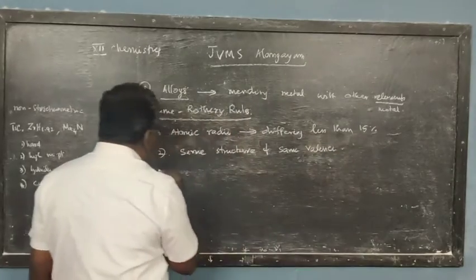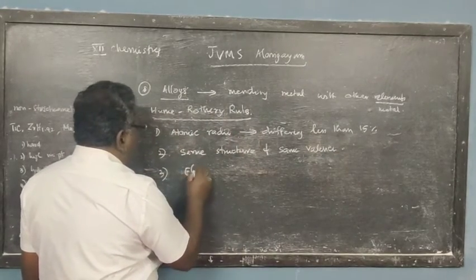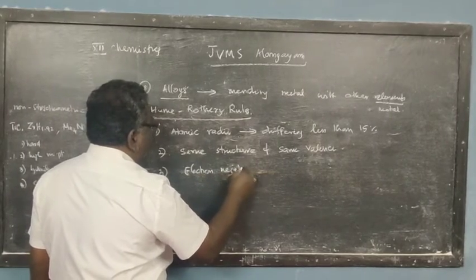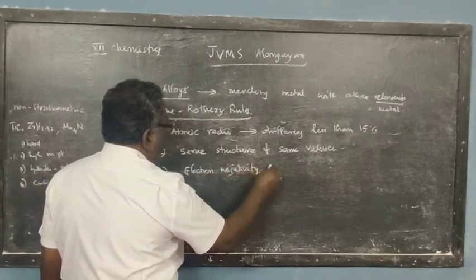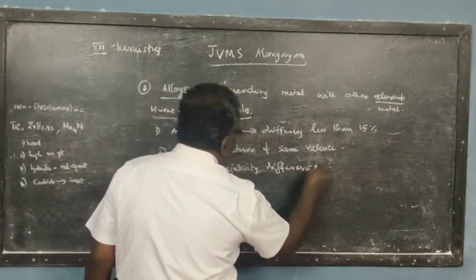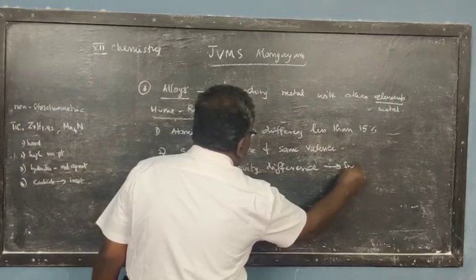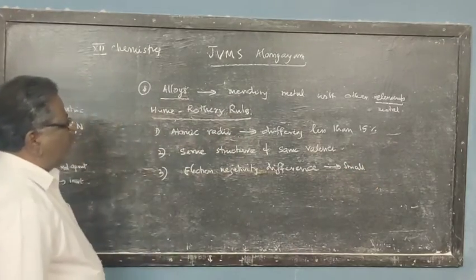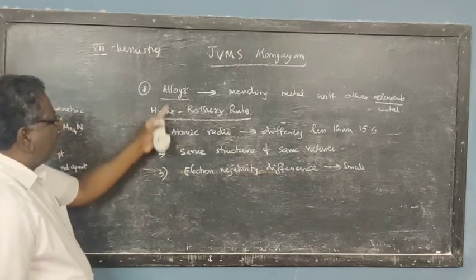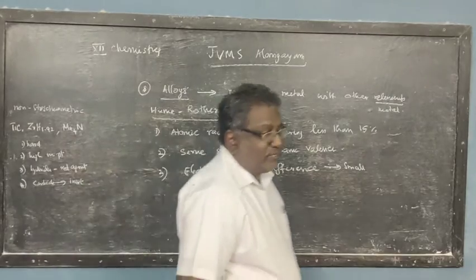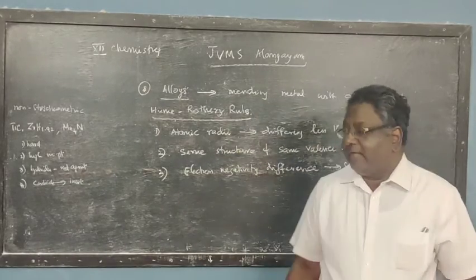The third one, the electronegativity difference must be almost zero or must be very small. Then only these two metals can mix with each other, resulting in the formation of alloy. So these are the three rules which are framed to make an alloy, right?